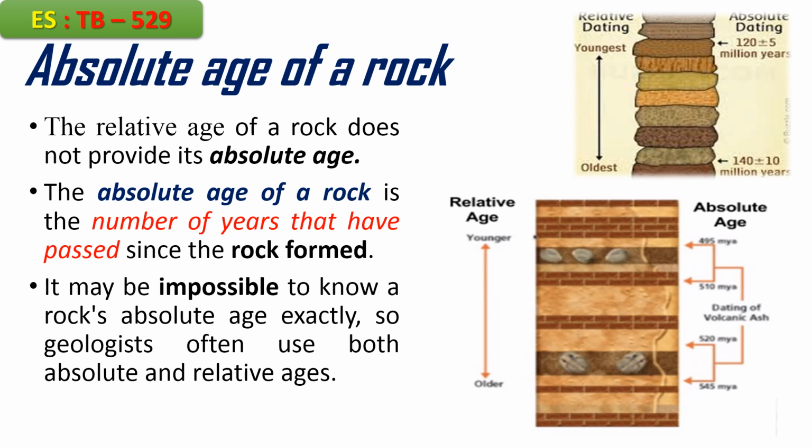And the top layers are marked 495 million years ago and 510 million years ago. At the same time, the relative age is marked: above layers are called younger, bottom layers are called older layers. So scientists use both these ways to find the age of rocks.